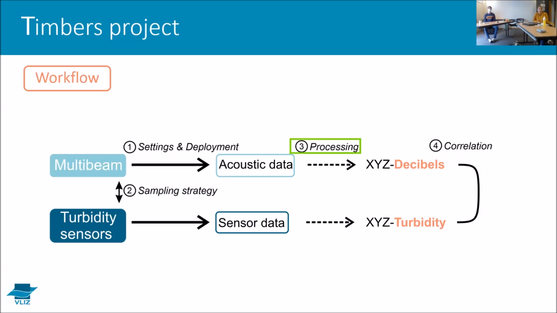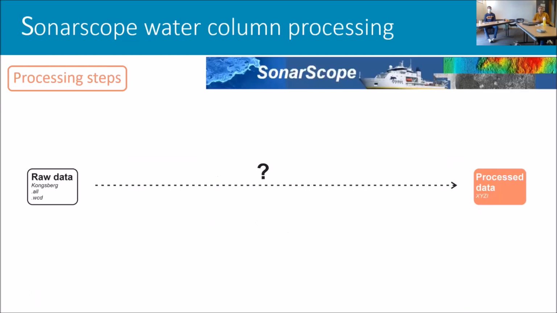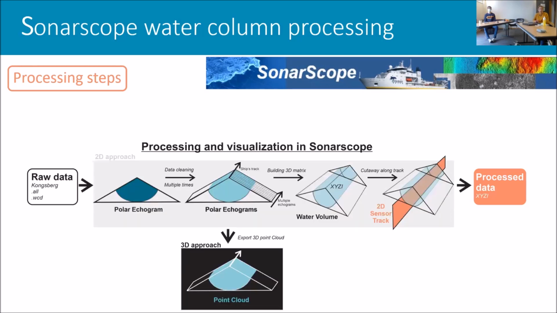And since this study of water column multibeam data was a rather new field, there was no existing or tailored procedure to convert our raw multibeam data in Sonarscope into the XYZ format that we wanted. So for the past year and a half, we have been in contact with Jean-Marie, and we created this processing pipeline to visualize and export water column data from Sonarscope. So now we will have a look at each step.